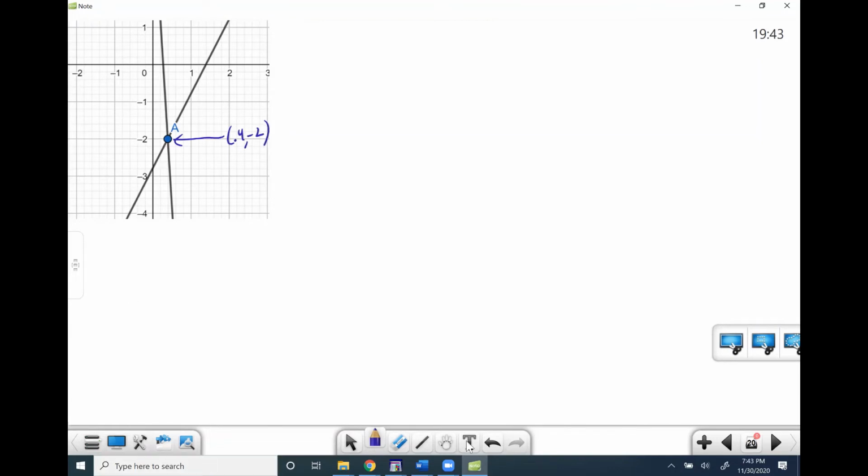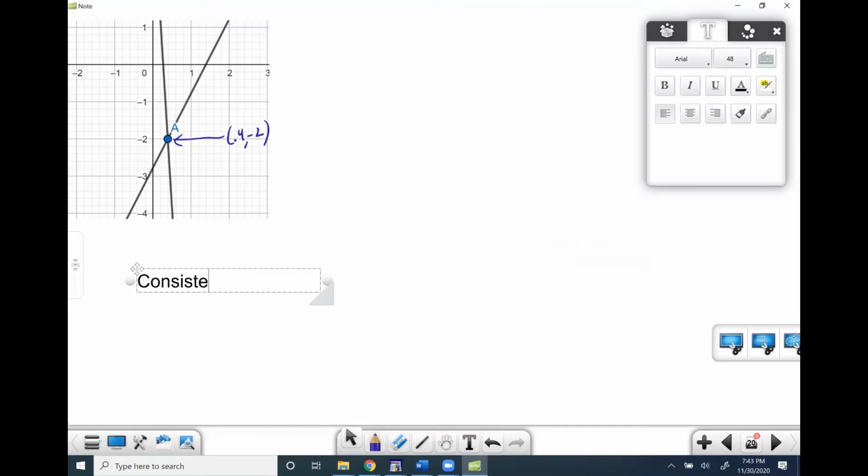I don't know why I'm writing stuff. My writing's atrocious. So we're going to label whether or not they're consistent or inconsistent. And then we're going to label whether or not they are dependent or independent.